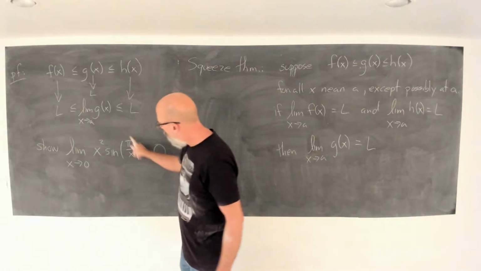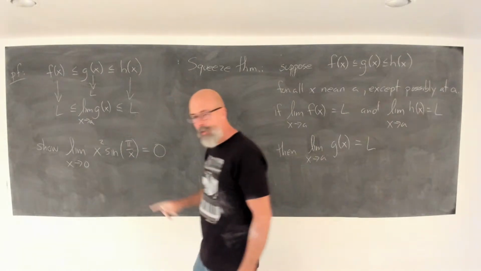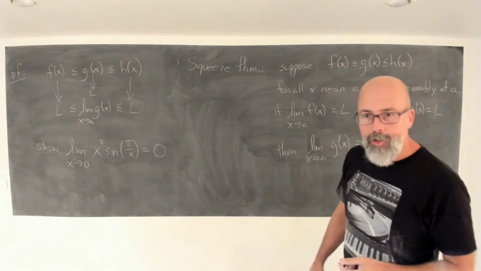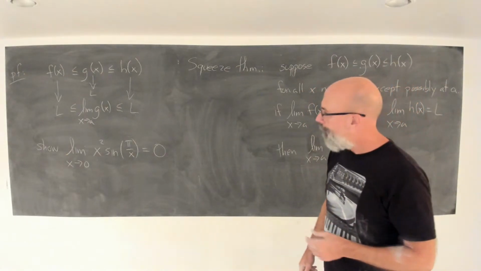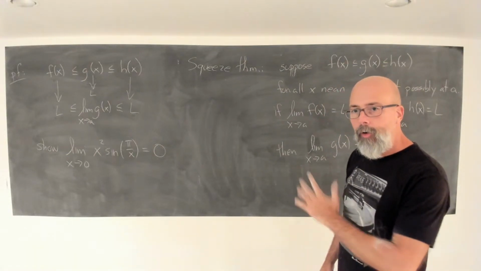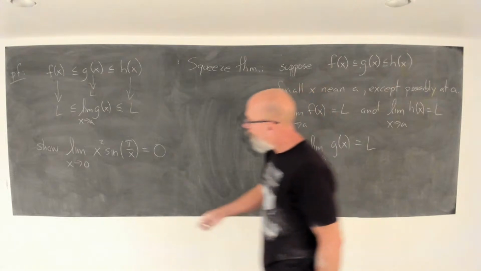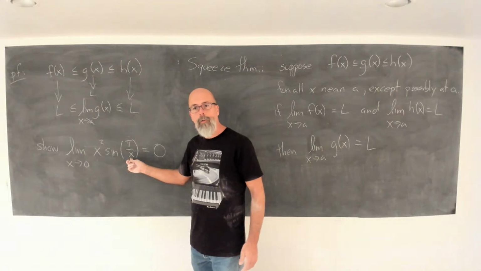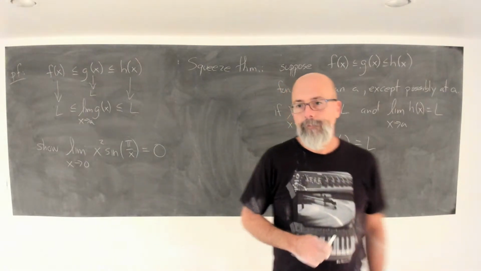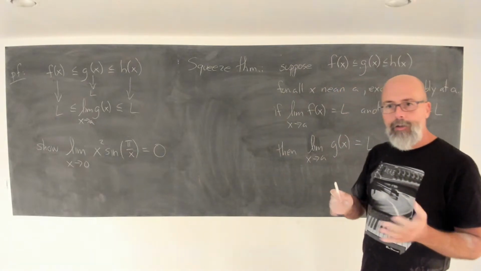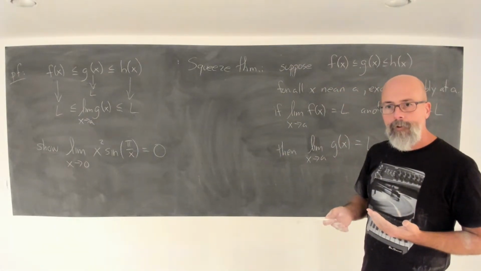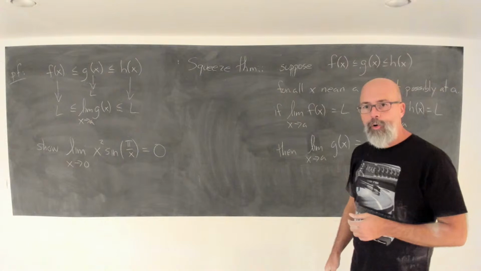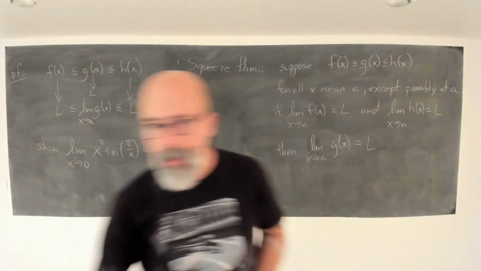As x goes to 0, what is happening to pi over x? That actually depends on which side you're coming from. Are we going to 0 from the left, or from the right? If we're going to 0 from the right, pi over x is going to, well, it's undefined, but in the context of limits, we're looking at pi over 0, which is some sort of infinity.